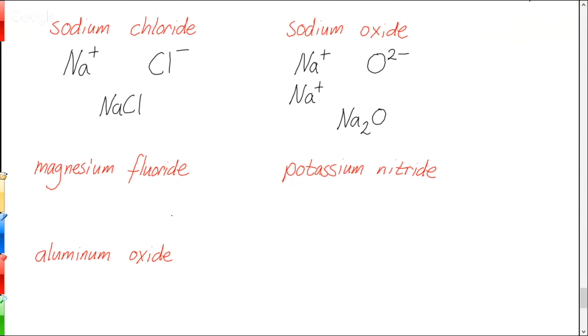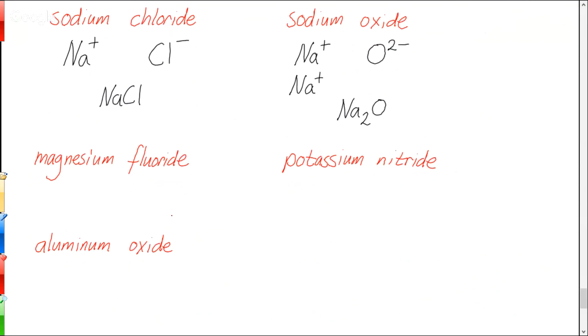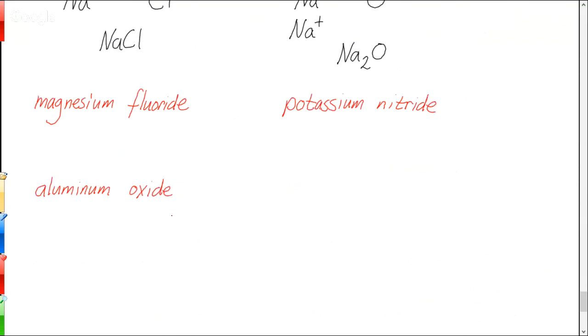All right, let's take a look at these. I was looking around. Looks like a lot of good tries. If you didn't get the right formula when we talk about it, make sure you look at what you did put down and think about what you might have done wrong there. All right, so same procedure. We write down the symbols, magnesium and fluoride. Then we find the charges.